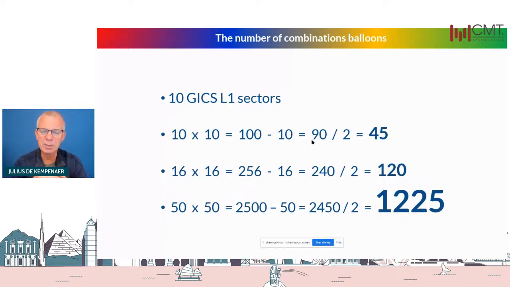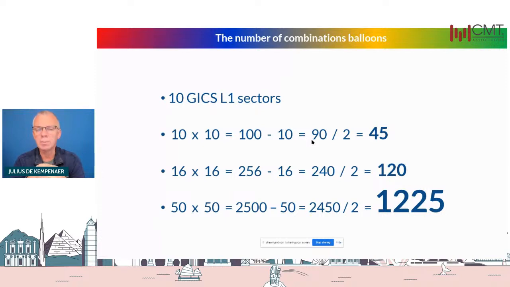We can drop 50 because that's the number of stocks in our universe. Leaves us with 2,450 divided by 2 is 1,225. Now imagine going over 1,225 charts to figure out what's going on in the Nifty 50, to figure out the big picture in that index.